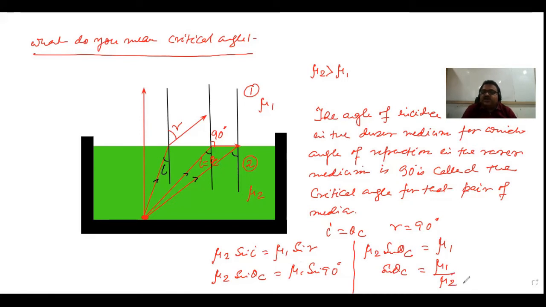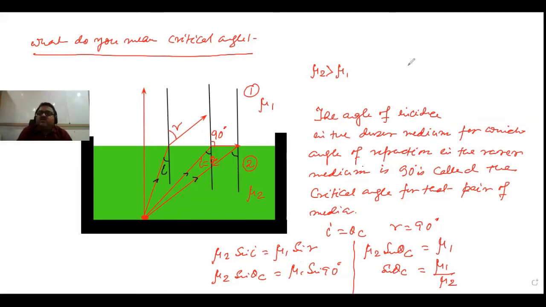Okay, now watch it carefully. What is the meaning of 1 mu2? 1 mu2 is equal to mu2 by mu1. So, what is the meaning of 1 by 1 mu2? That is equal to mu1 by mu2.